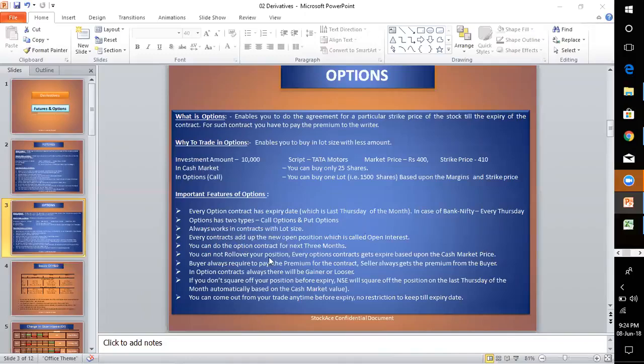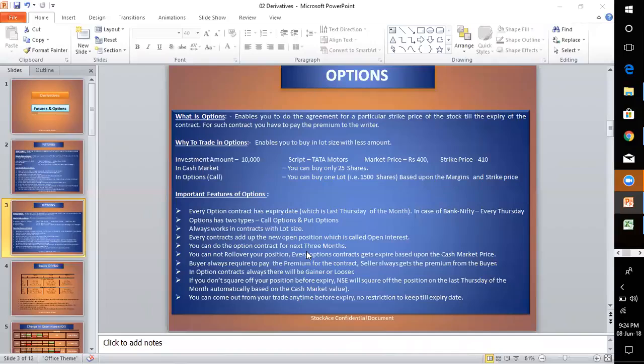You can do the option contracts for the next 3 months, same thing as I explained in futures, but there should be some volume. In call and put options, if the time goes beyond the expiry date, the price will be on the higher side.